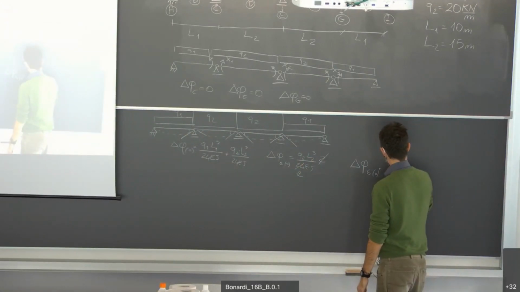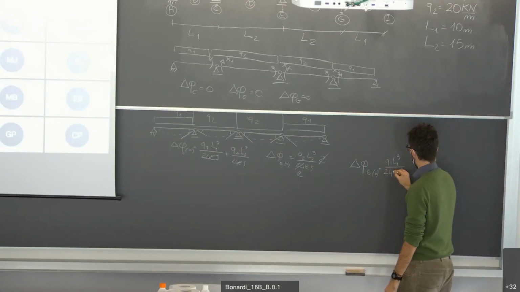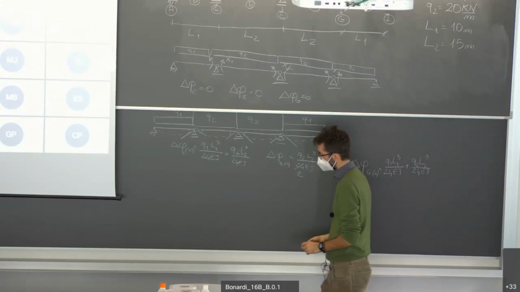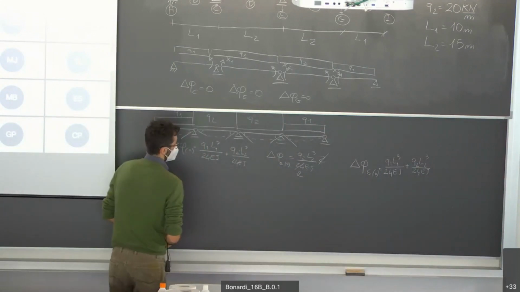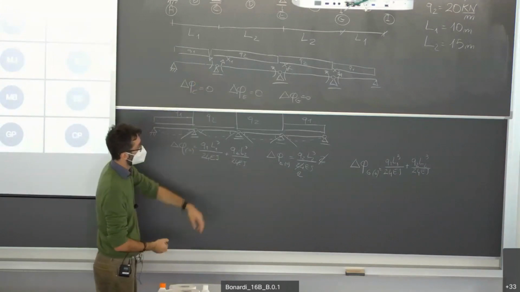So it is Q1 L1 to the power of 3 over 24 iota plus Q2 L2 to the power of 3 over 24 iota. Okay, now then consider the influence of only x1.